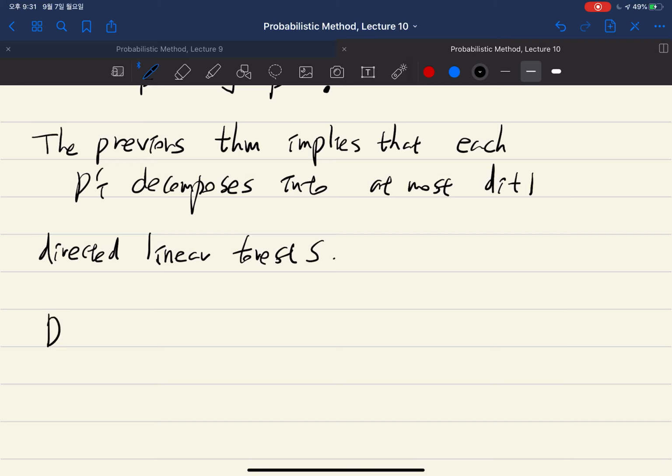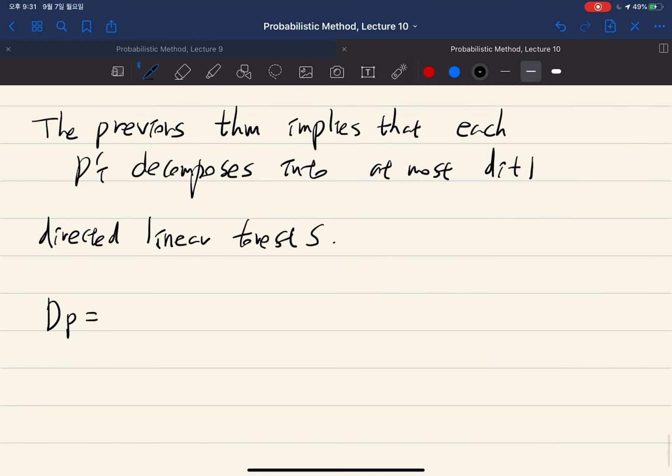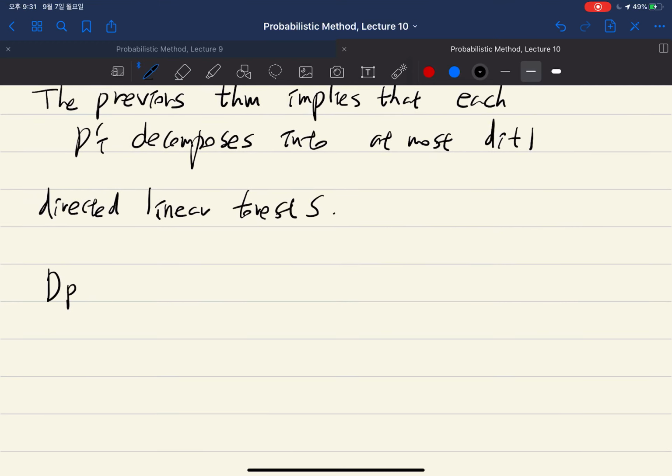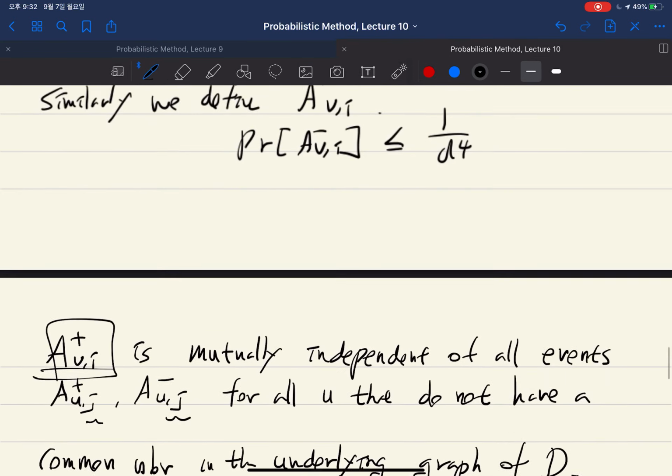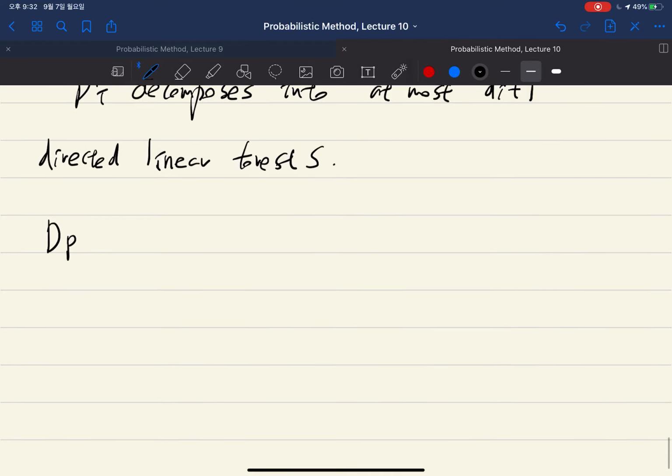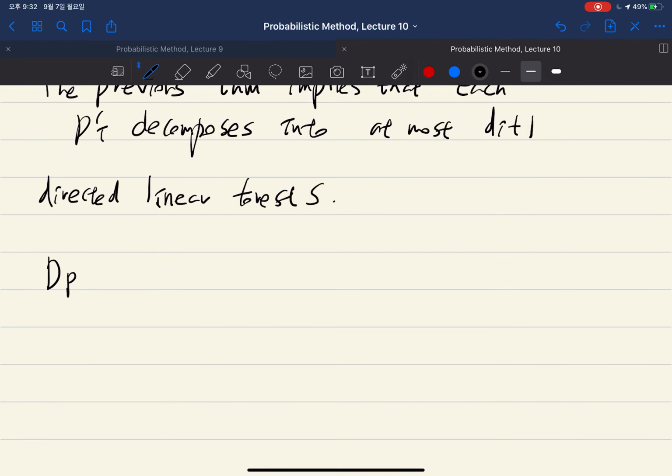And what's Dp? Again we can add some edges to make this Tp a regular digraph, and then we use the trick that we use in the whole theorem.